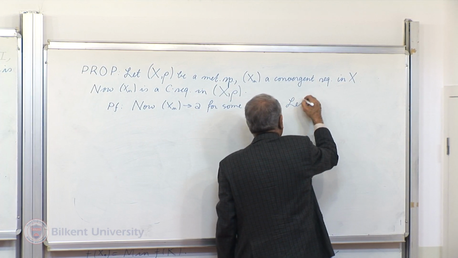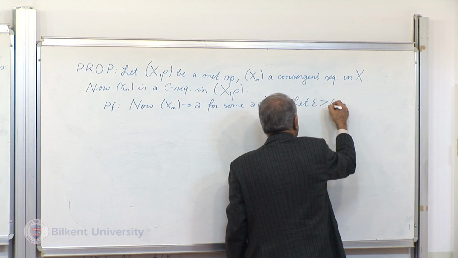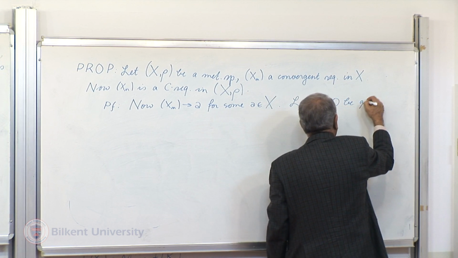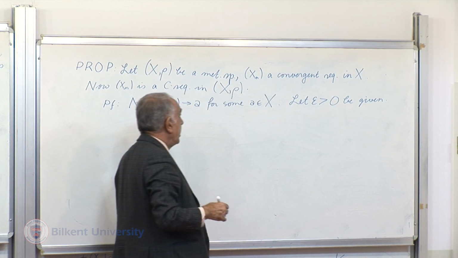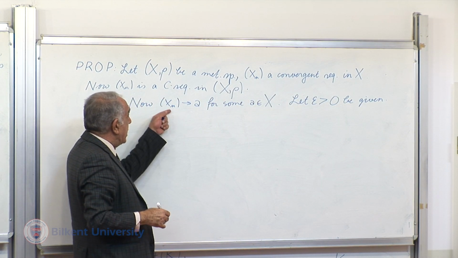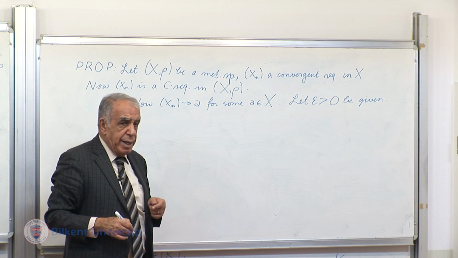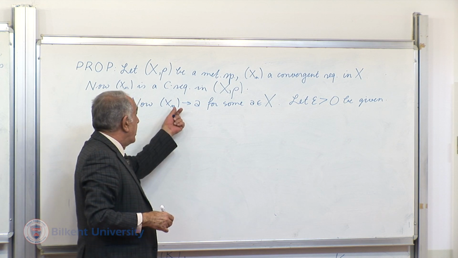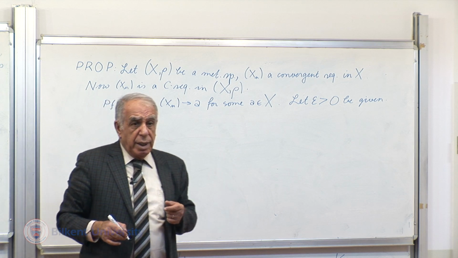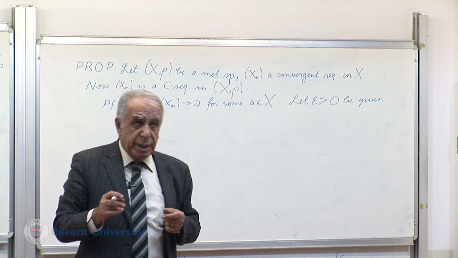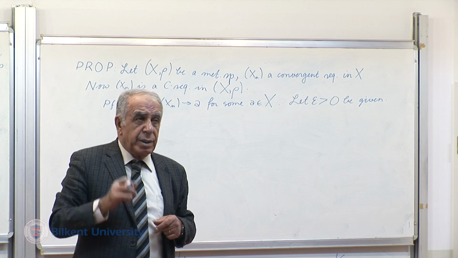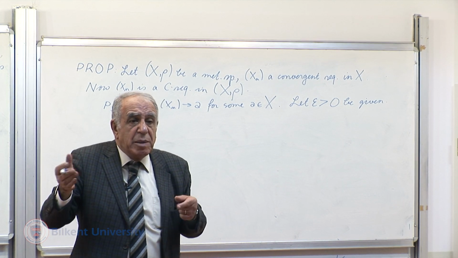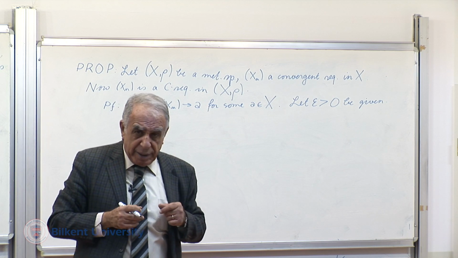Let epsilon greater than 0 be given. But what we know is, since this converges to A, from some point on its terms will be at a distance, according to rho, to the limit that is less than any prescribed positive real number.